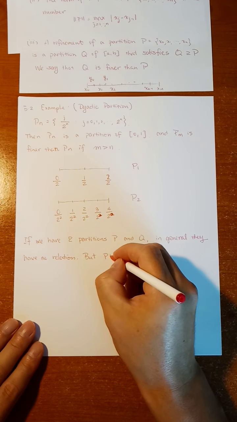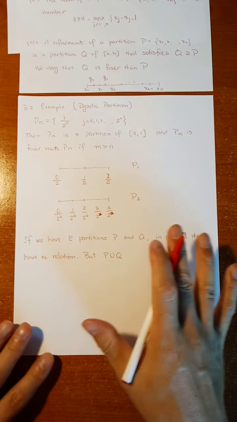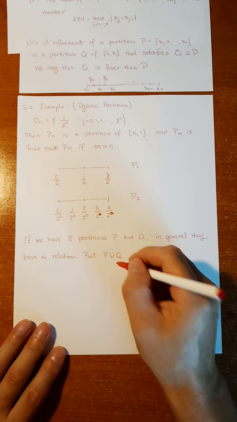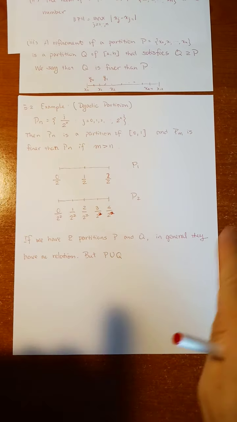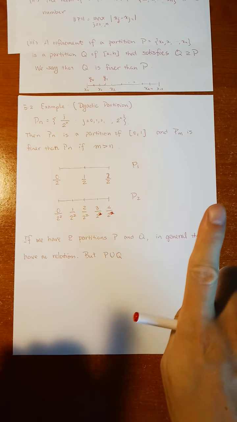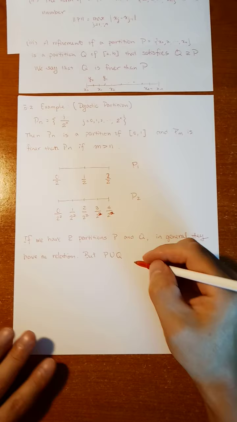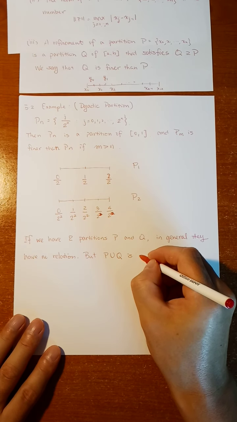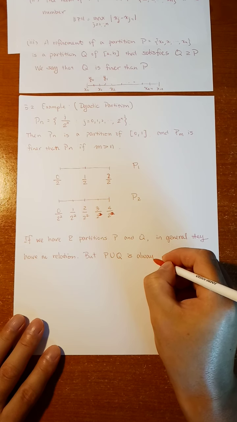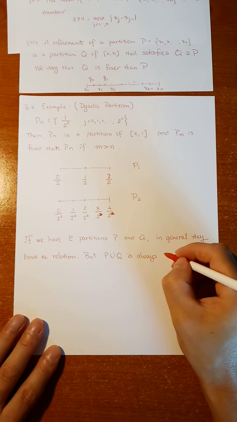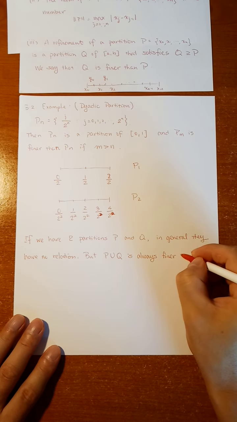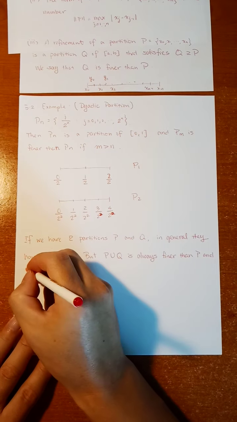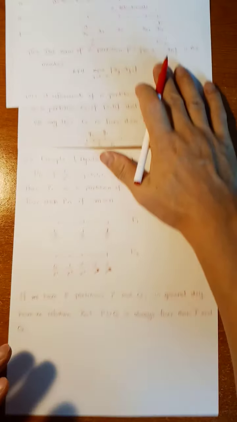But if we put, you remember these are sets. If you take the union of two sets, if they are repeated, you just keep one copy, right? But this union is always finer than P and Q. Be careful here, finer.